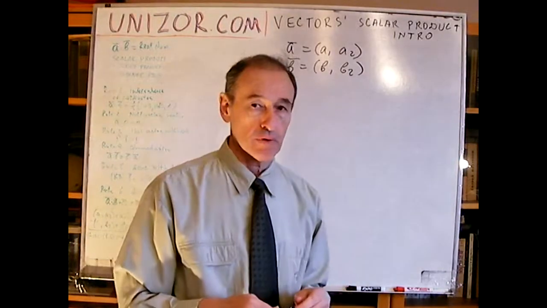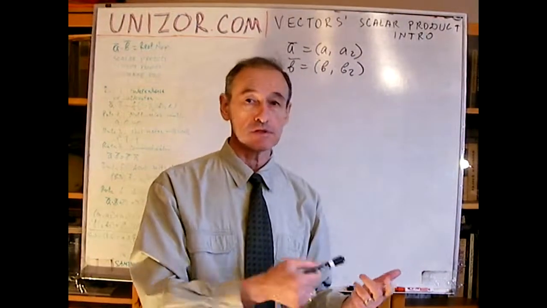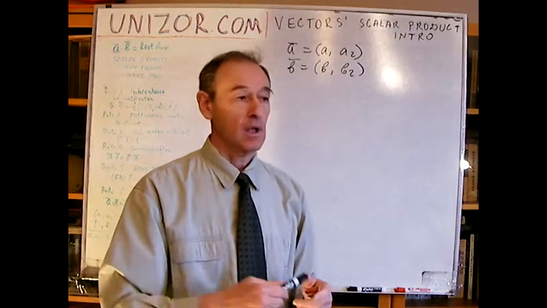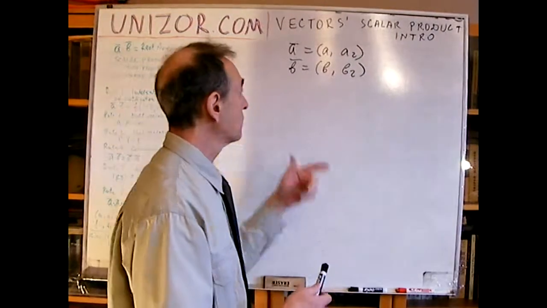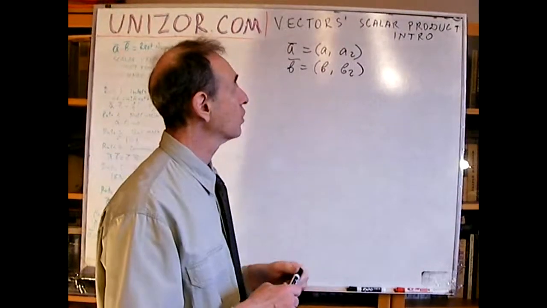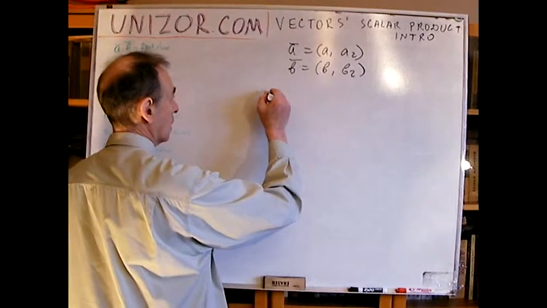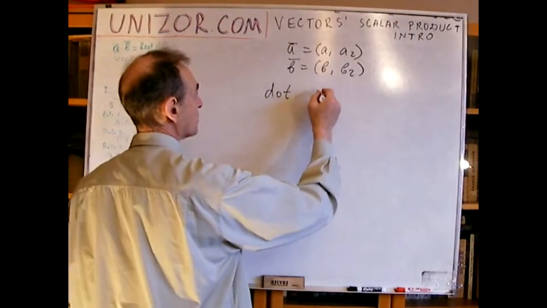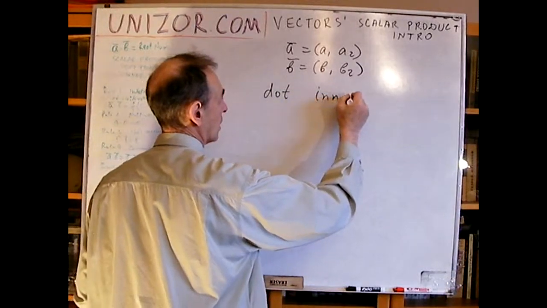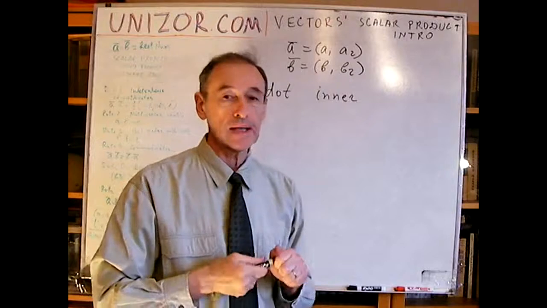What is this operation? Well, we know the arguments, two arguments. Now, if we add, for instance, two vectors, we get the vector. If we multiply a vector by a constant, we get a vector. If we do this operation, which is called scalar product, or dot product, or sometimes inner product, as a result, we get the real number.